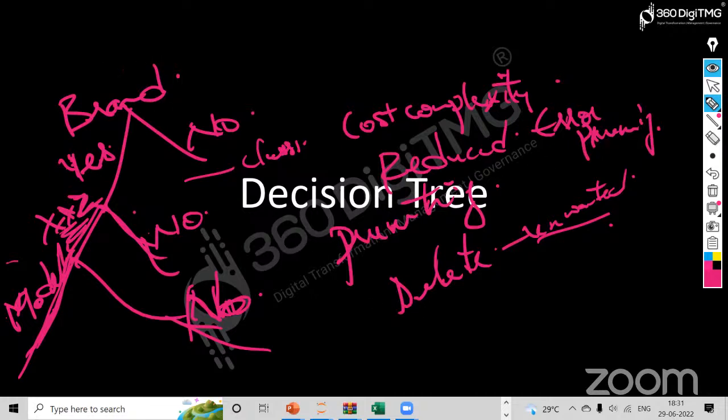And your decision tree model is very apt for your decision-related issues.